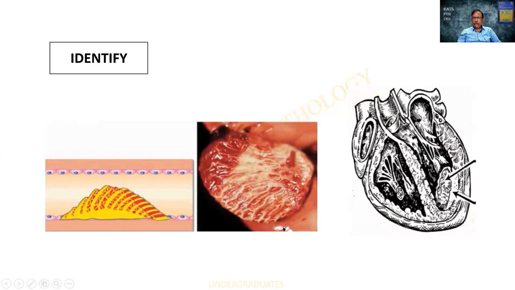This is called a mural thrombus or a coralline thrombus. It looks like a coral reef. And this happens usually in large capacious chambers such as the ventricles or aneurysms of the aorta. Now look at this one. This is the left ventricle. There must have been an infarction over here, and there is a thrombus that has formed within.